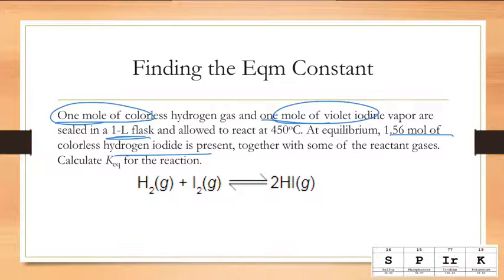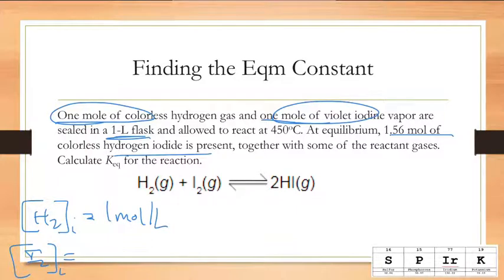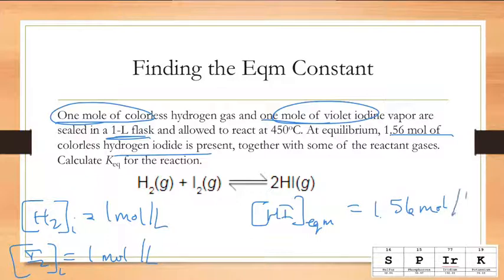So what we know is that the initial concentration, and that's an I for initial, of H2 is 1 mole per liter. The initial concentration of I2 is also 1 mole per liter. And we know that the equilibrium concentration for HI is equal to 1.56 mole per liter.